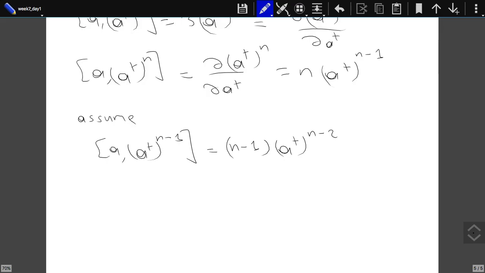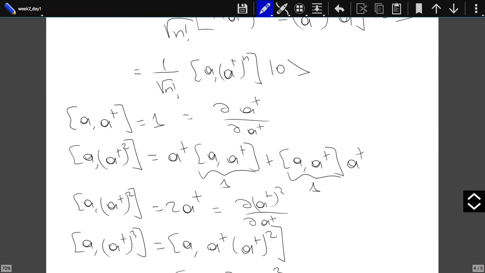Well, in fact, one of them is enough. Then what you prove is, assuming it is true up to a given integer, then you prove that it is true for the next integer. So that's basically the trick. Since it is true for 1, it should be true for 2. Since it's true for 2, it should be true for 3. Since it's true for 3, it should be true for 4. So it's true for all integers. This is the idea of induction.